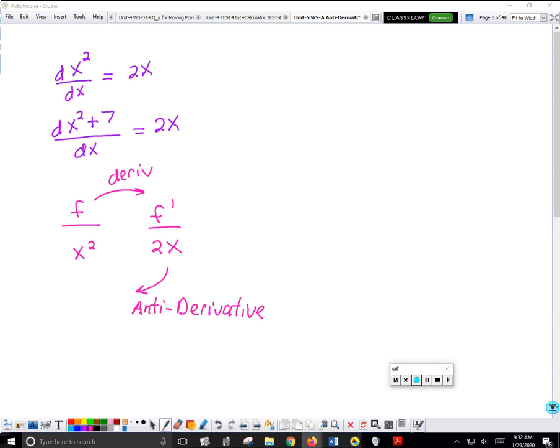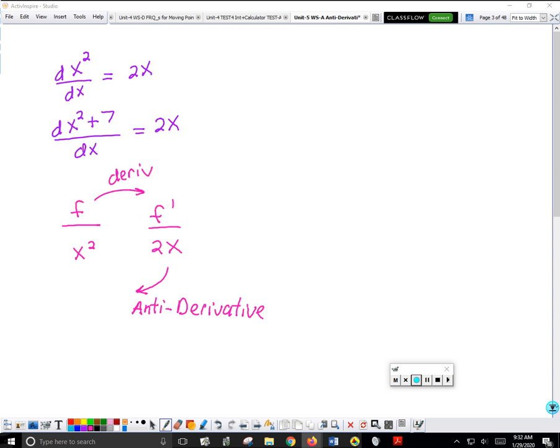The antiderivative. Some textbooks refer to an antiderivative as an integral. To me that's very confusing though, because how do I know the difference between what we've been doing, which is integration, versus this? So some textbooks distinguish the two by saying this is an indefinite integral, and what we've been doing for the past 6 weeks, that's a definite integral.